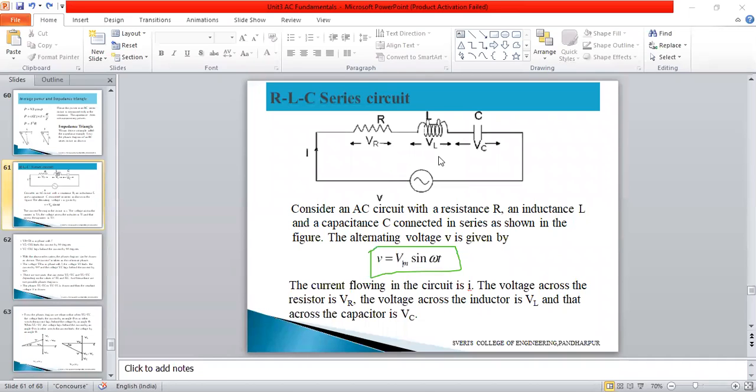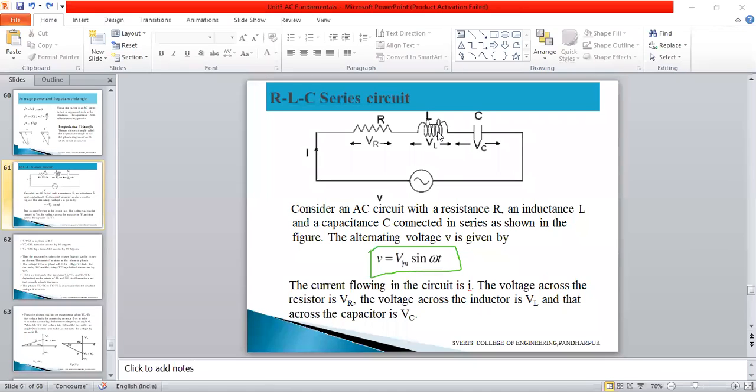Here three conditions will come. What are those three conditions? VL is greater than VC. The voltage drop across inductance is greater than VC. Then this circuit acts as an RL circuit.